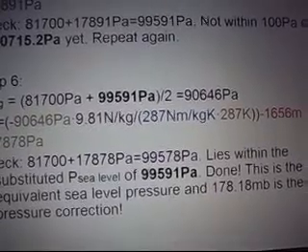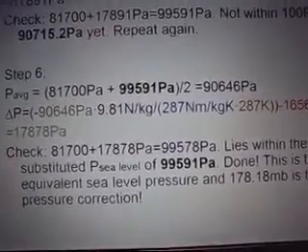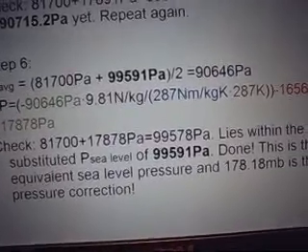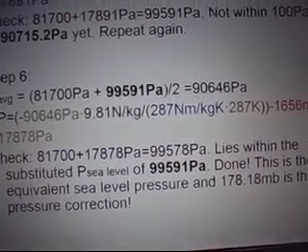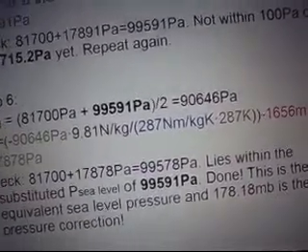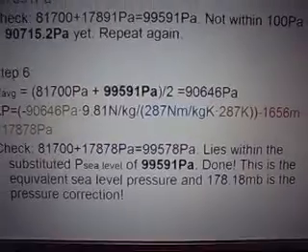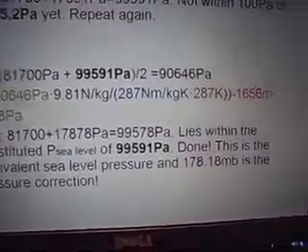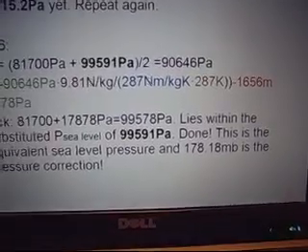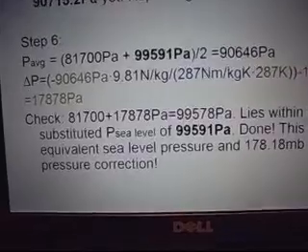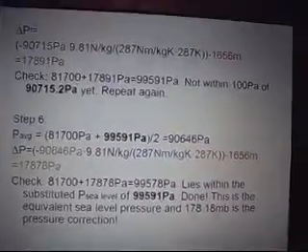This lies within the 100 pascal range of 99,591 pascal. So we've done the calculation, and this is our equivalent sea level pressure. And 178.18 millibar is the pressure correction. So we're done.